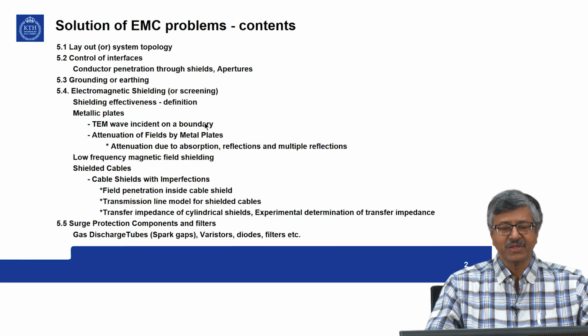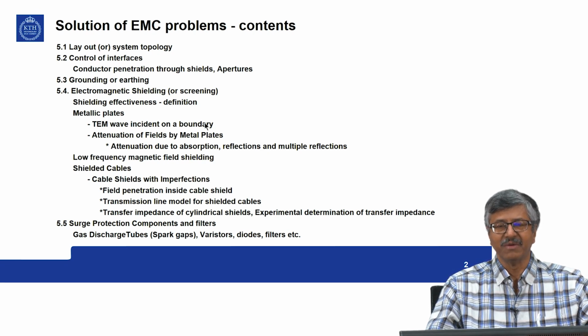The transfer impedance of cylindrical shields will be introduced, and a method for experimental determination of transfer impedance will be described. Then finally, this chapter ends with surge protection components and filters. Only some of the surge protection components will be handled, the most common: gas discharge tubes and varistors.